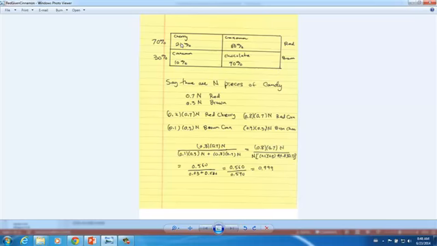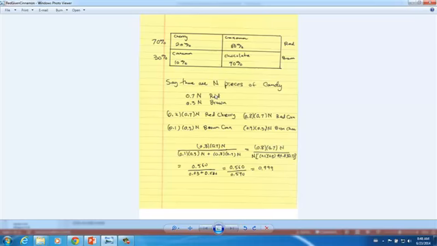Of the red, 20% is cherry, 80% is cinnamon. There's no watermelon, thank God. Of the brown, 10% of it is cinnamon, and 90% of it is chocolate. Now, how do we solve this?